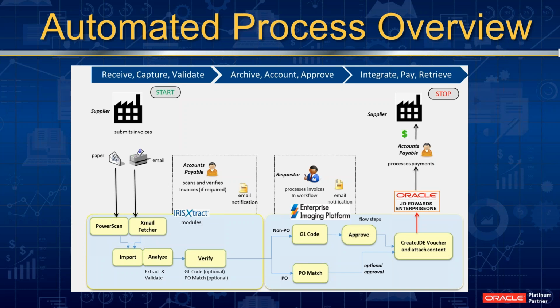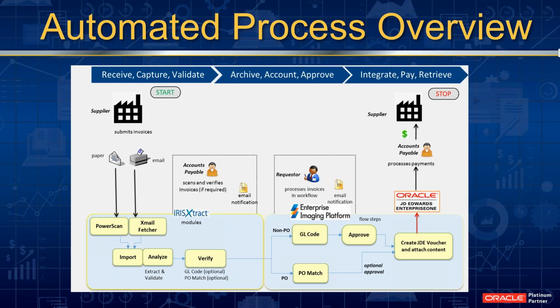You may have multiple approval workflows, and the system is intelligent enough to determine which workflow to take, and there'll be approvers and there could be GL coders. And once the invoice has gone through its approval and GL coding, and we have an approved and verified invoice, we would then generate the voucher within JD Edwards.